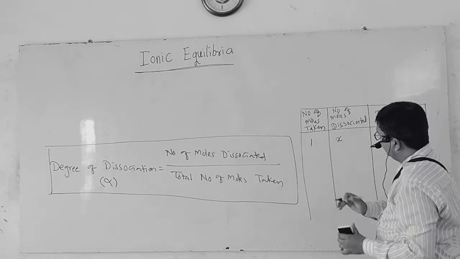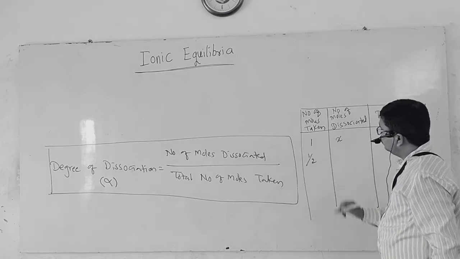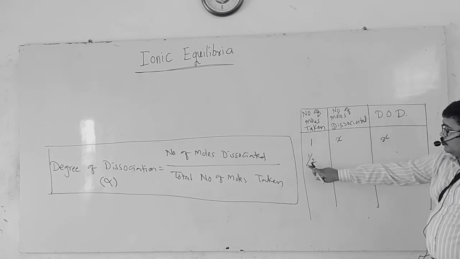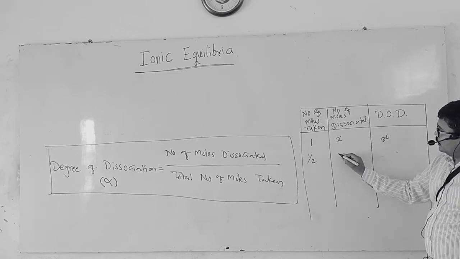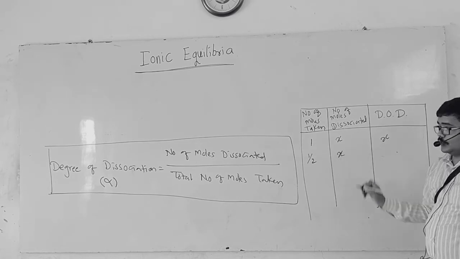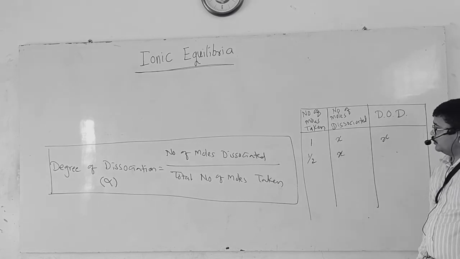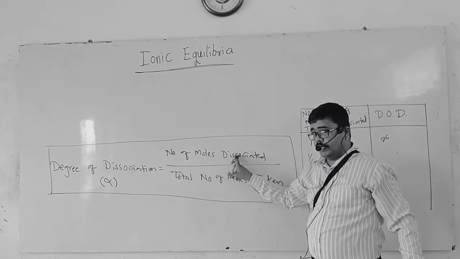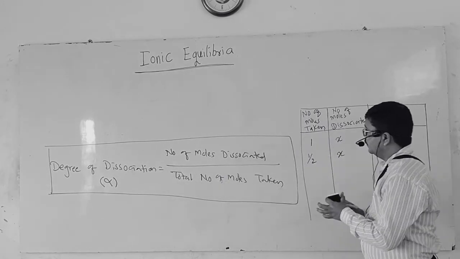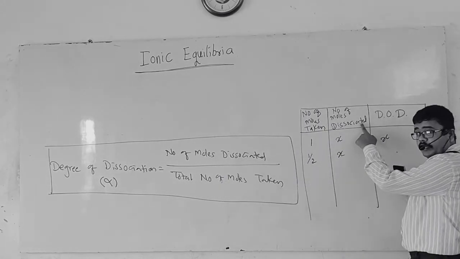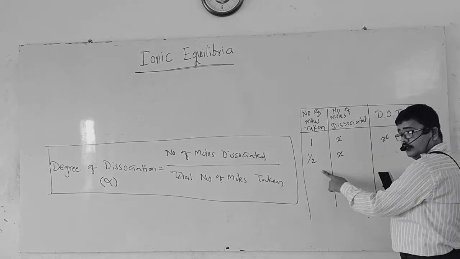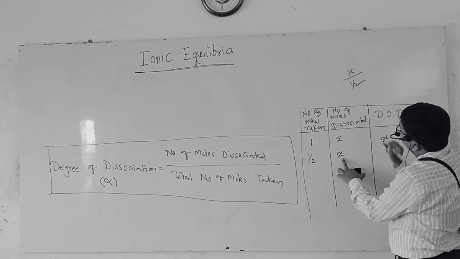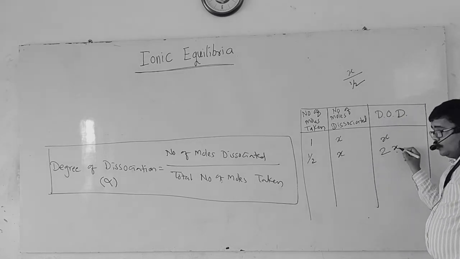X. Okay. If you take 1 by 2 moles of electrolyte, number of moles taken 1 by 2, and the number of moles dissociated is X. Then what is the formula? Number of moles dissociated upon total number of moles taken. So X upon 1 by 2, it will be 2X.